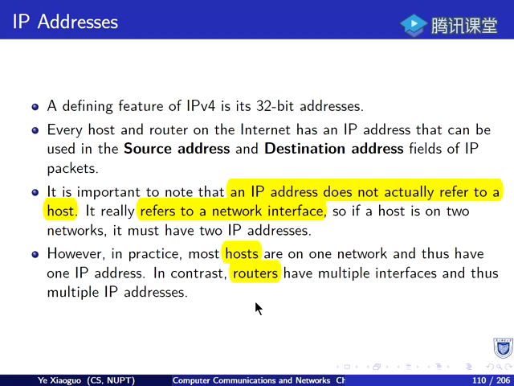Last week, we conducted experiment 2, and probably we can understand that we configured an IP address for a certain network interface, right? However, in practice, most hosts, most end systems are on one network and thus have one IP address. In contrast, routers have multiple interfaces.